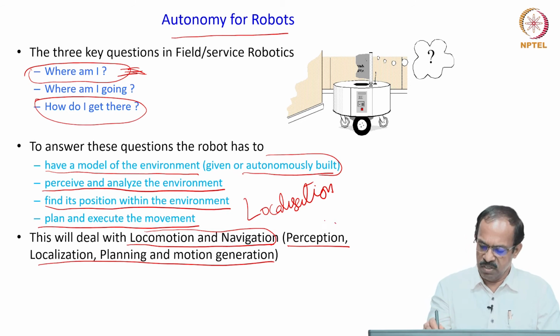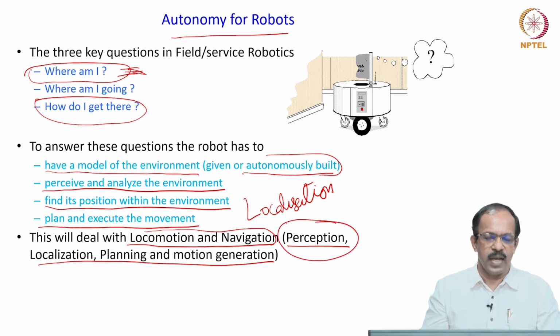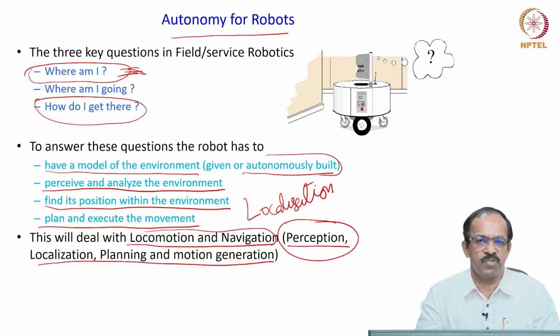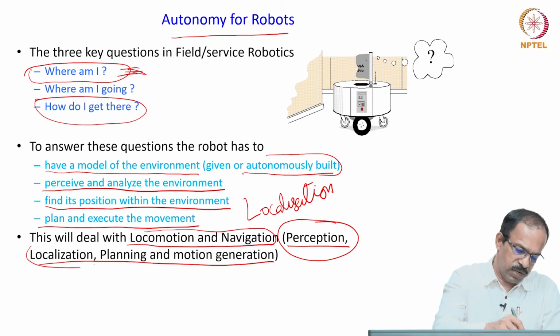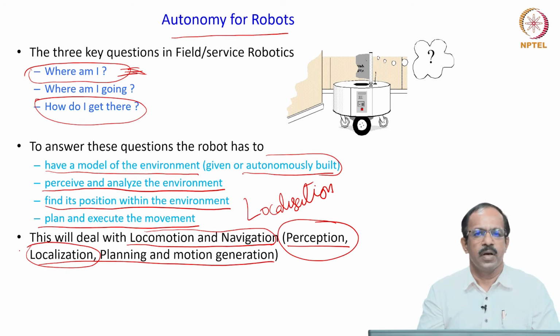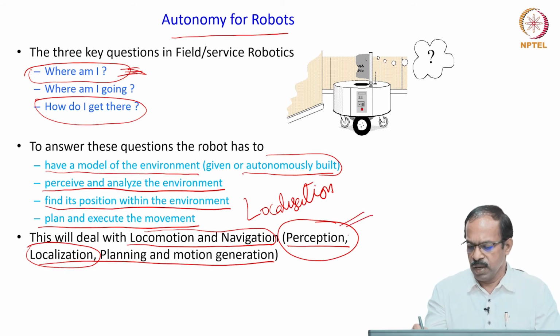Okay, so perception is the one which helps the robot to collect information from the surroundings using sensors and then perceive its environment, analyze its environment and then localize itself. So it uses sensors and sensor data, analyzes it and then tries to localize itself.